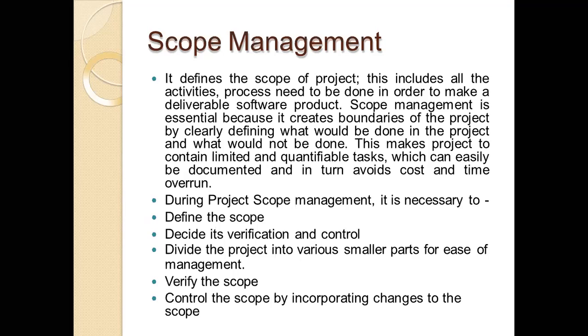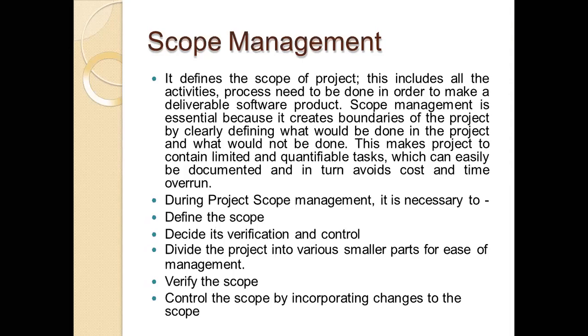Because while designing or developing any project, there is a problem of cost and time overrun. That can only be avoided if we have defined the scope management clearly, that this should be included and this should be avoided, and we have a clear boundary of our project. Then we can avoid cost and time overrun.